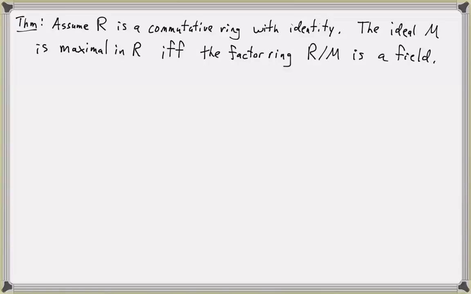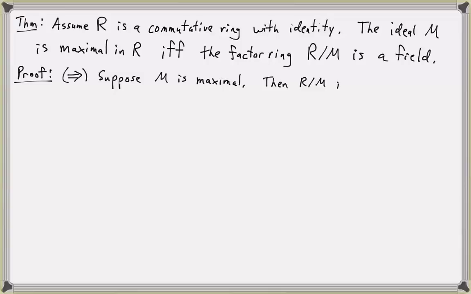So let's begin the proof. For the forward implication, let's suppose that M is a maximal ideal. Then, since it's an ideal and R is commutative, R mod M is also a commutative ring with identity.